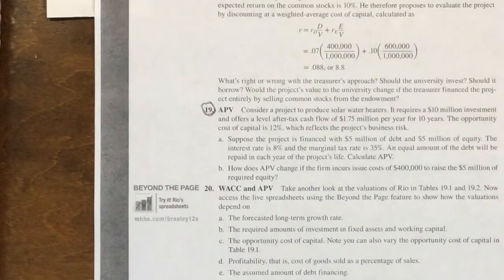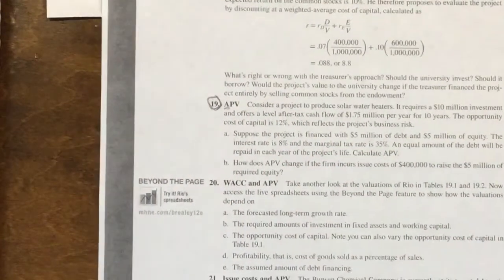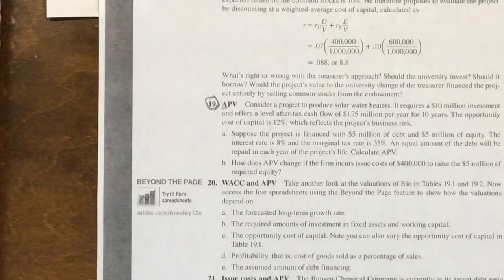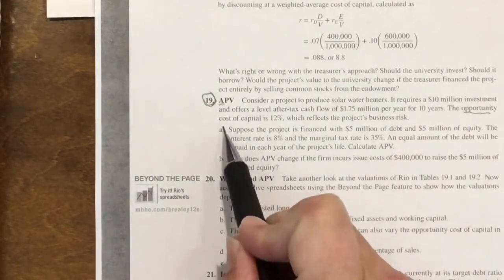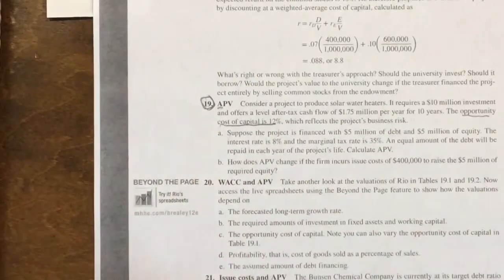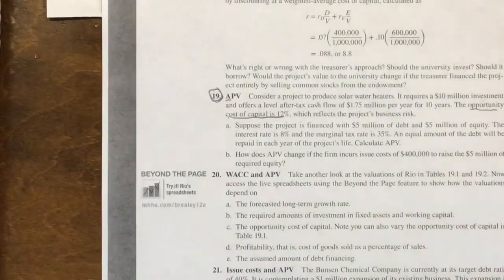But in any event, looking at your textbook, it appears when you're doing an adjusted present value, you don't use the weighted average cost of capital to discount those cash flows back. You use just the basic all-equity cost of capital, or here he calls it the opportunity cost of capital. So double check that, but I think that's right.